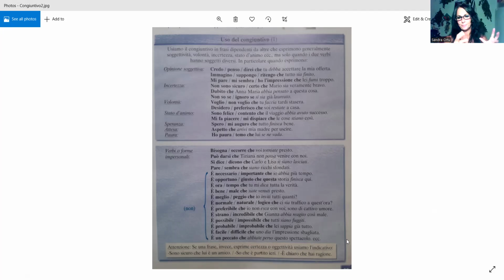Indicativo is the other. That's why I said it's not really a tense. It's a conjugation. It's not really even a conjugation. It's a group of tenses. So we use the indicativo, meaning the present tense or passato prossimo, imperfetto. So not subjunctive.